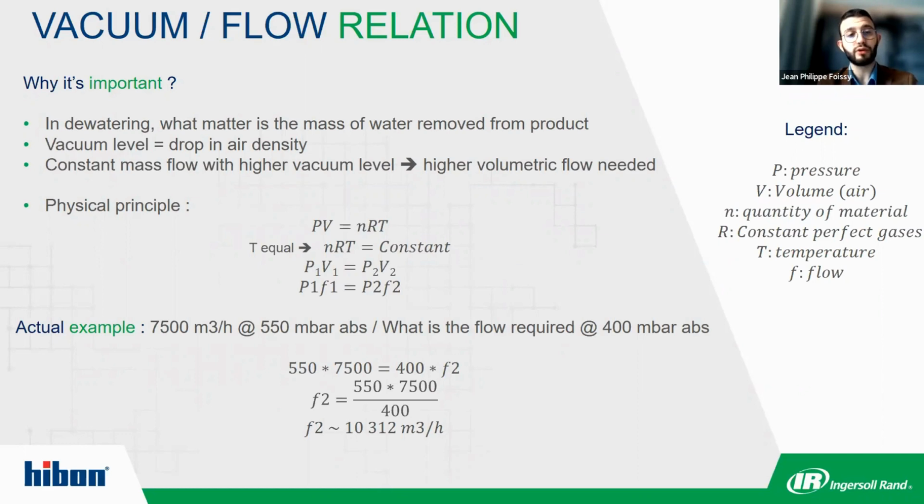That means if you want a constant mass flow, that means always the same mass of water removed per hour, with a higher vacuum level, you need a higher volumetric flow. That's just a physical principle. So that's why I just wrote it down. The formula, I think most of you should certainly be aware of: PV is equal to nRT.